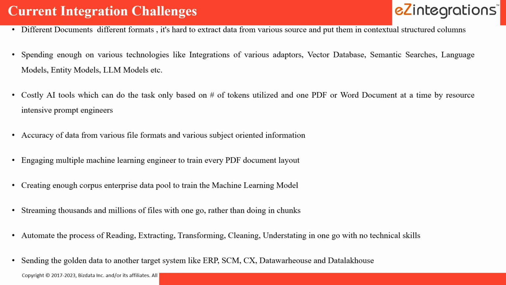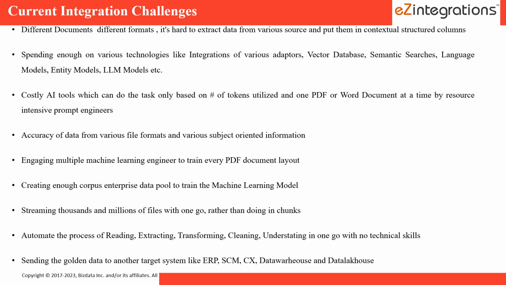Now with the buzz of generative AI and the GPT models, typically a big organization tries to invest in AI development where you want to extract data out of PDF files. But the process for that is very costly and very time consuming.